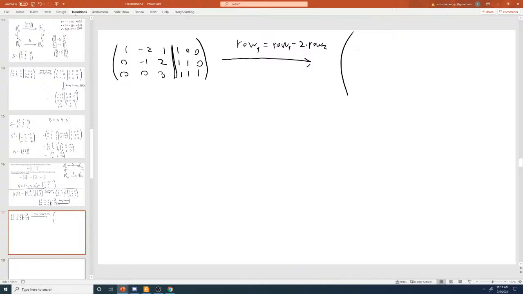If I do that, I'm going to get 1, 0, and then negative 3, and then 0, negative 1, 2, 0, 0, 3, 1, 1, 0, 1, 1, 1, and then here I'm going to have negative 1, negative 2.